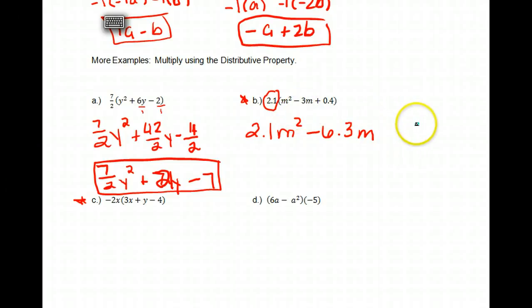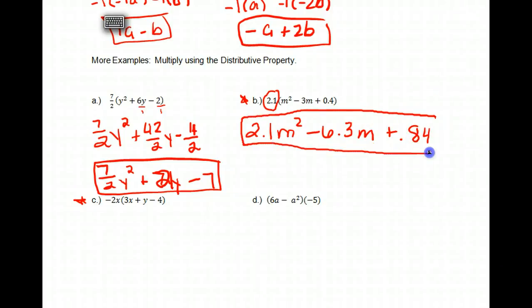And 2.1 times positive 0.4 makes positive 0.84. Glance across your expression to see if anything can be combined, and at this time, nothing can, so we are finished.